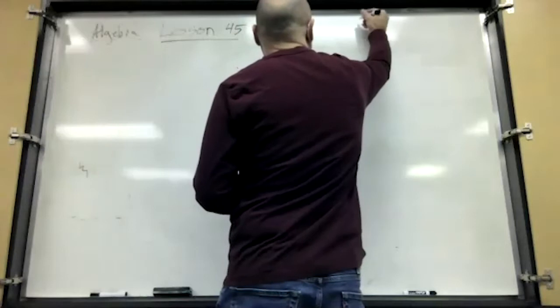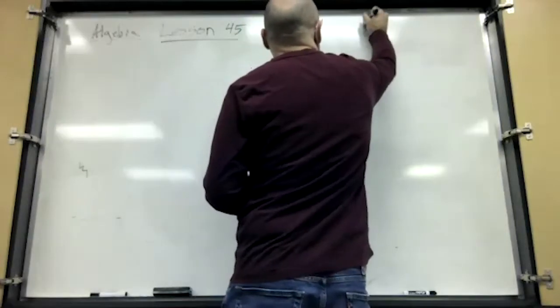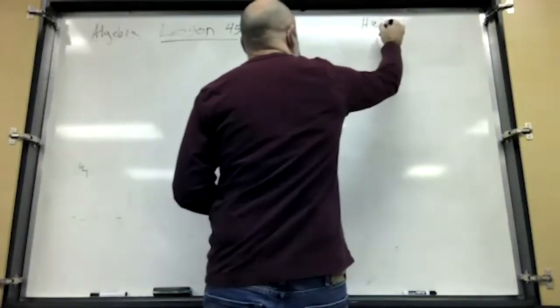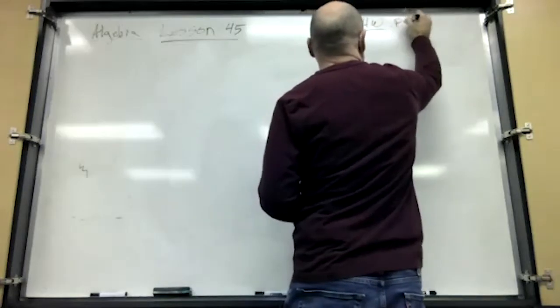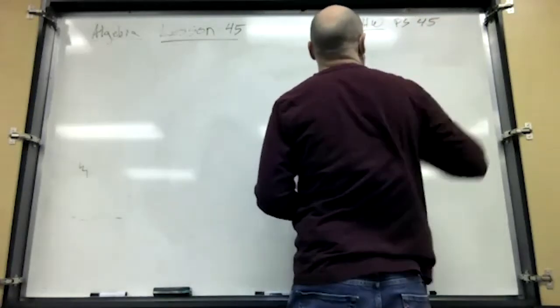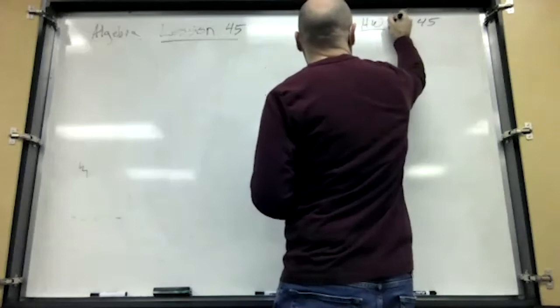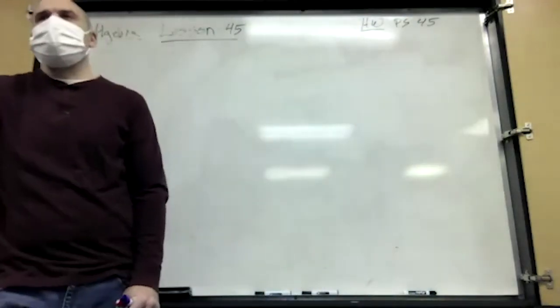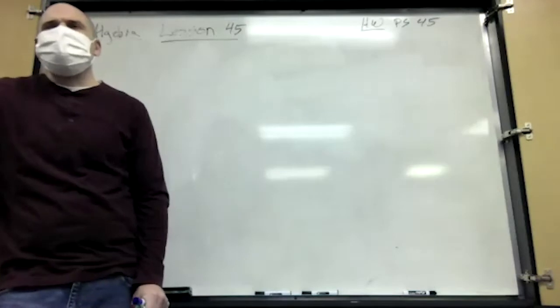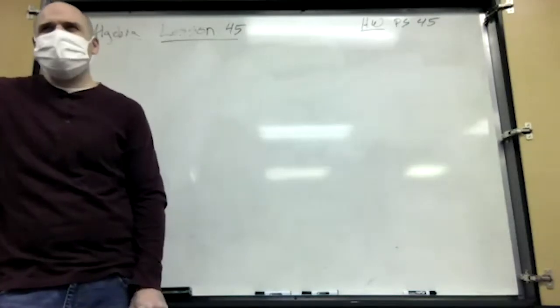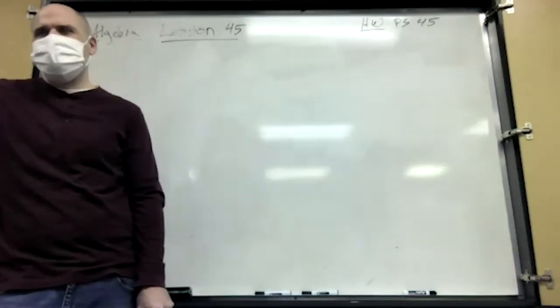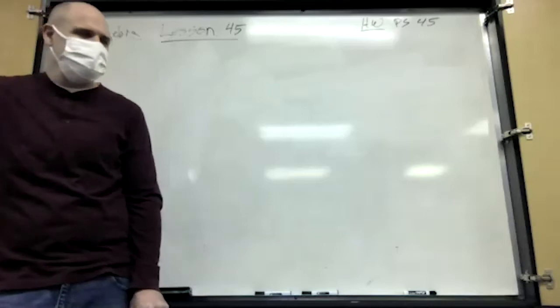So this week, we're just gonna do lesson 45. So we're just gonna do problem set 45 and just kind of start a little bit easier into the year. And then next week, I'm just gonna have 2 assignments instead of 3 that I would typically have for a week without a test.